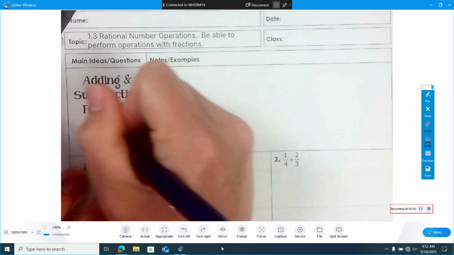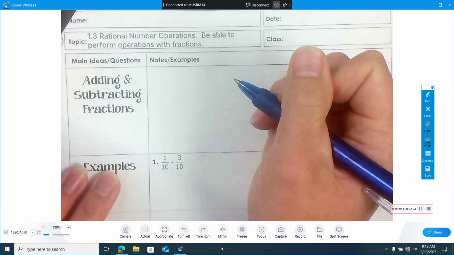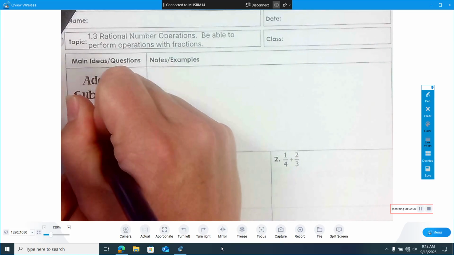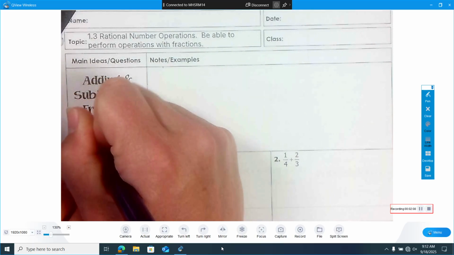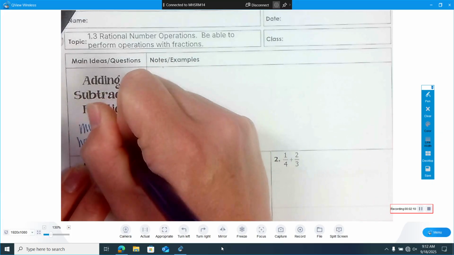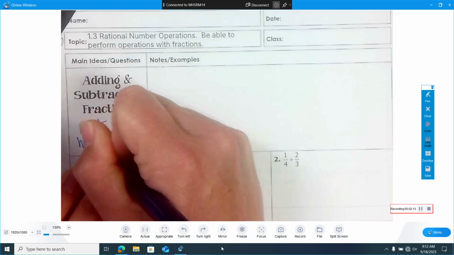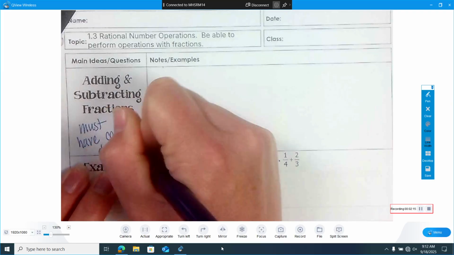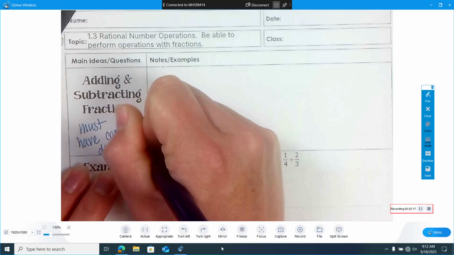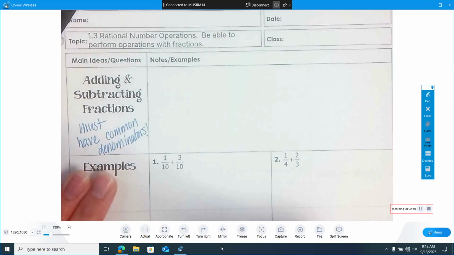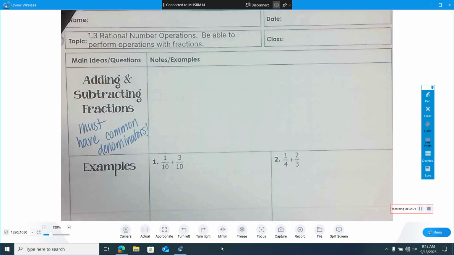We need common denominators. Very important. And that's only with adding and subtracting, okay? So we have to have those common denominators.